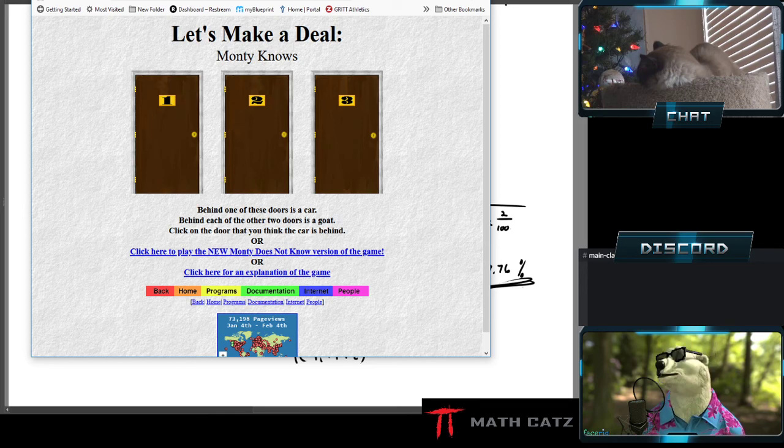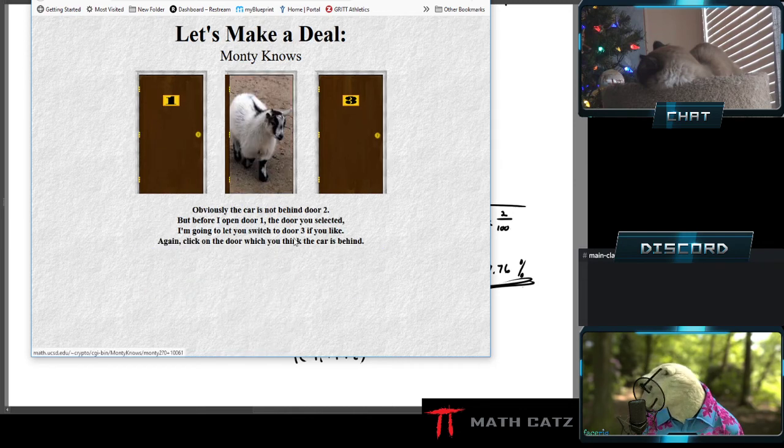Assuming you're not a goat farmer thinking that's an awesome prize, you want the car. So whenever you pick a door, let's say we pick door one.